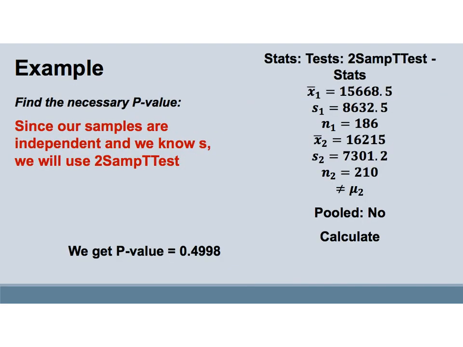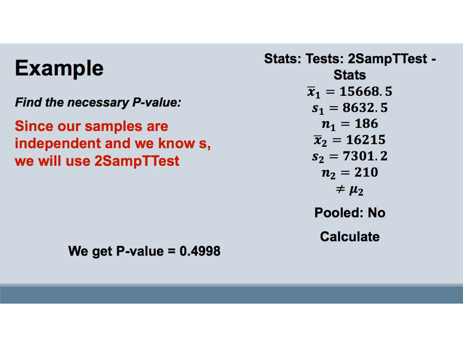Alright, so two-sample t-test, that's the fourth one. Make sure it's on stats. And then you fill all that stuff in. From that table, the mean of the first sample for the men was 15,668.5.